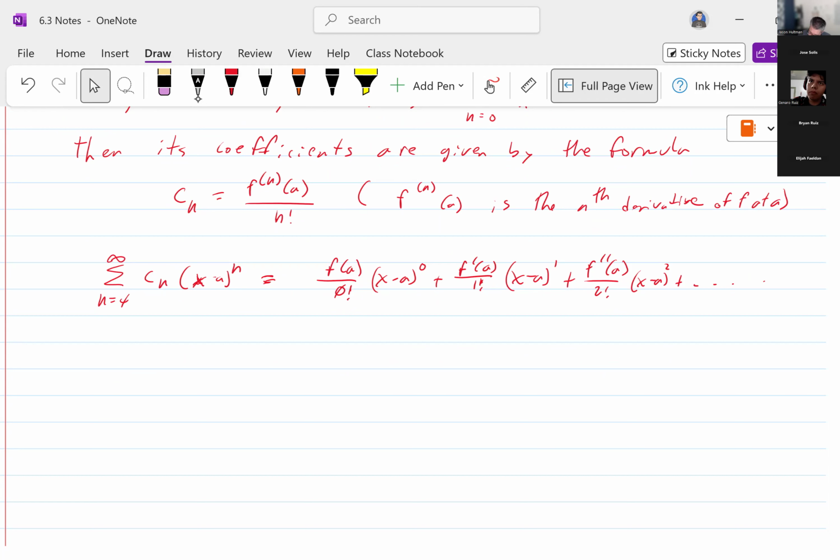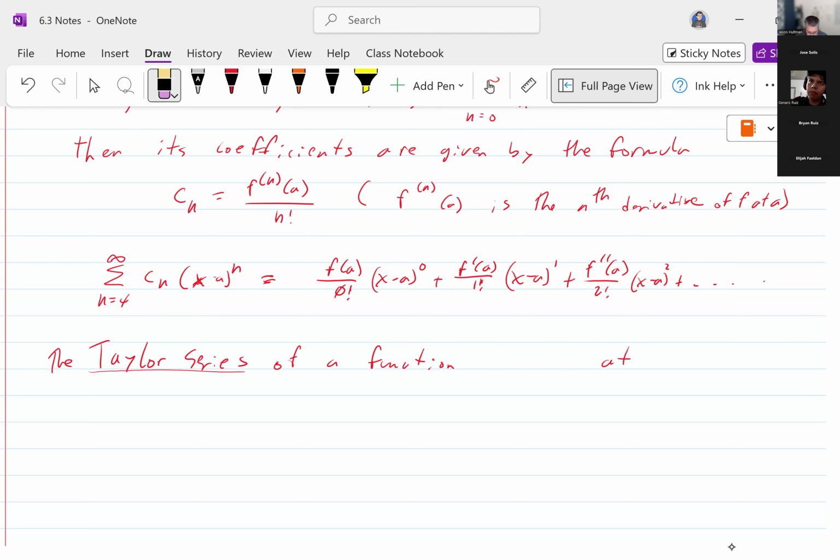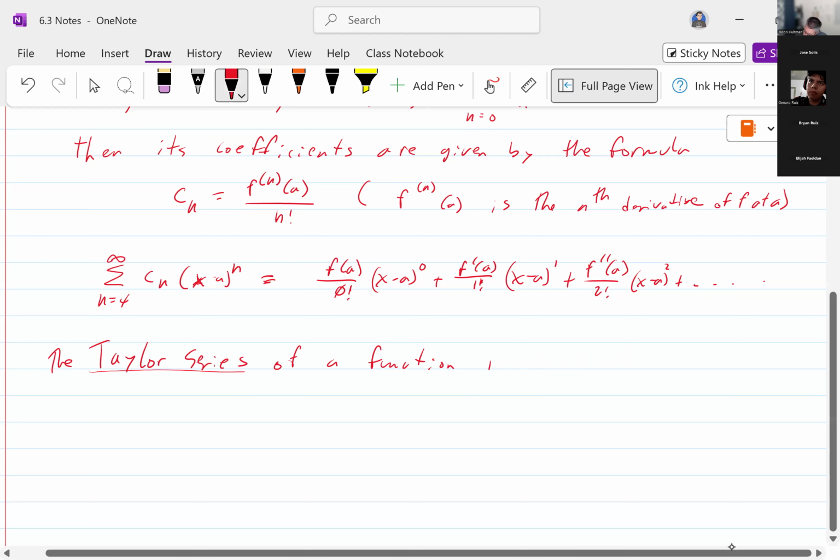Okay. The Taylor series of a function f centered at a is the summation of n equals 0 to infinity of the nth derivative of f evaluated at a, all over n factorial, times x minus a to the nth power.